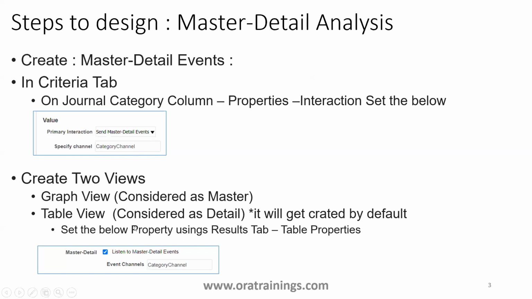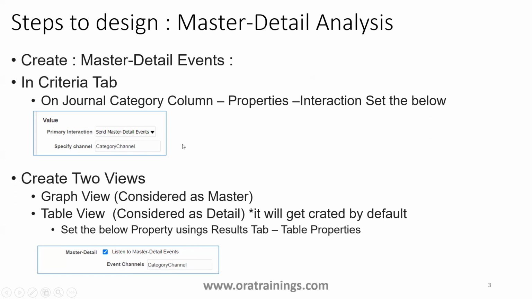In the table view, which gets created by default, click on the properties of the table view, and there's an option called set master detail. Check listen to master detail events, and mention the channel name, the same name you mentioned in the criteria tab for the general category.